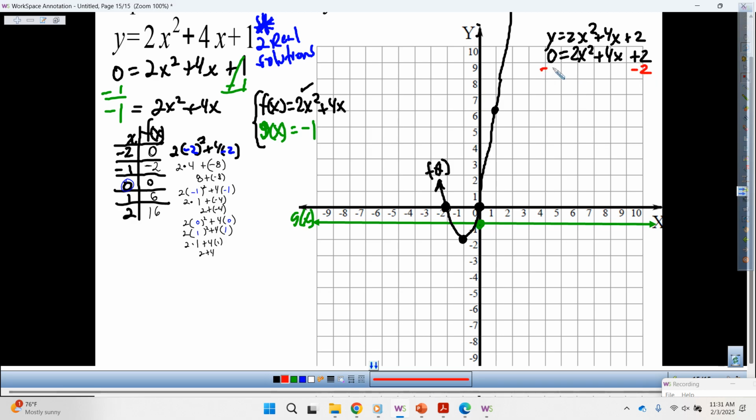Minus 2, minus 2. So we end up with negative 2 equals 2x squared plus 4x. From there, what do I do?